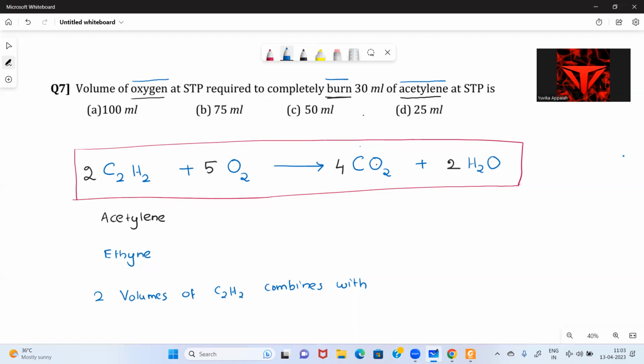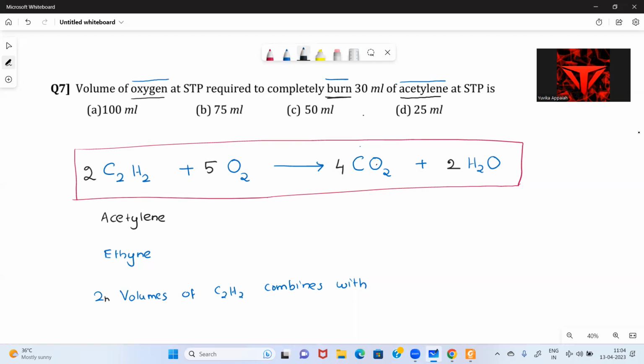So 2 into 22.4 liters of acetylene will combine with 5 into 22.4 liters of oxygen. I can divide by 22.4. So 2 liters of acetylene will combine with 5 liters of oxygen. Are you clear, Yuvika? Yes, sir.